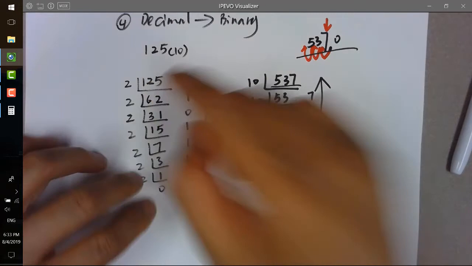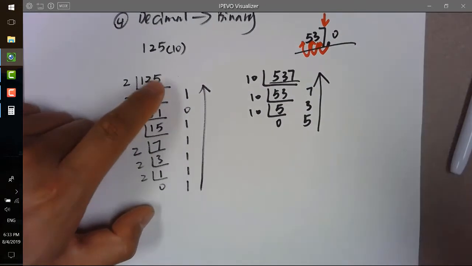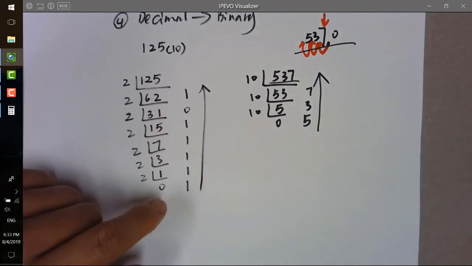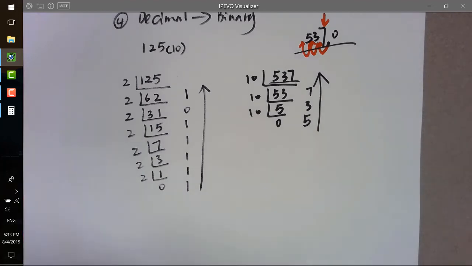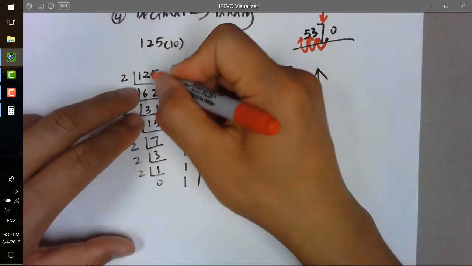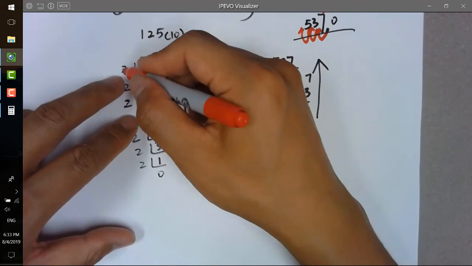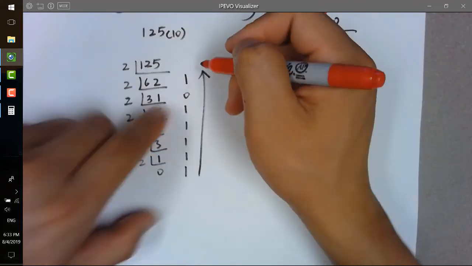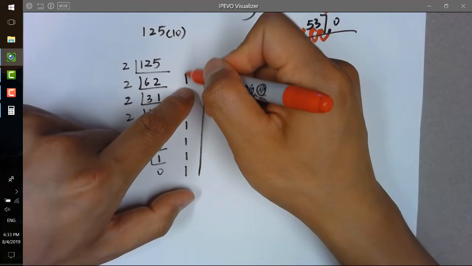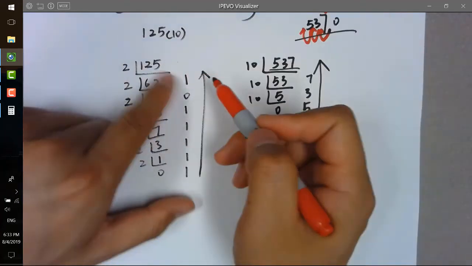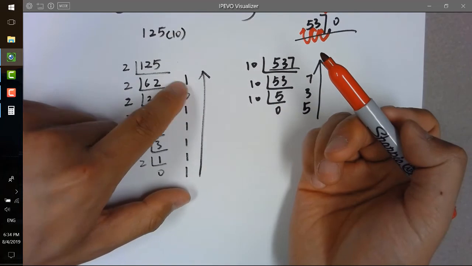However, here it is 125, but in the very beginning, we don't know what the binary number is here, right? But what we know is when we divide this number by 2, we can get a result, and we can expose that digit over there. But you say, hey, this digit is 5, it's not 1.